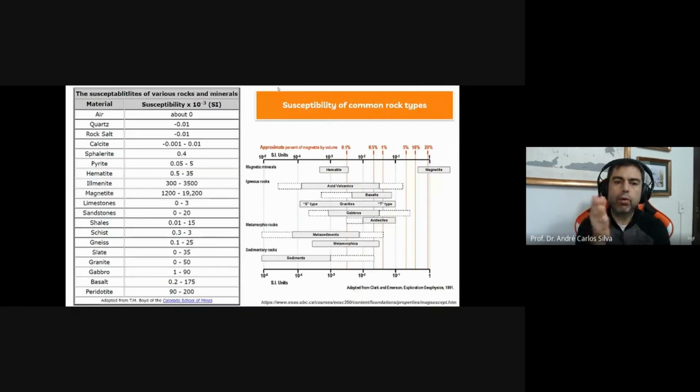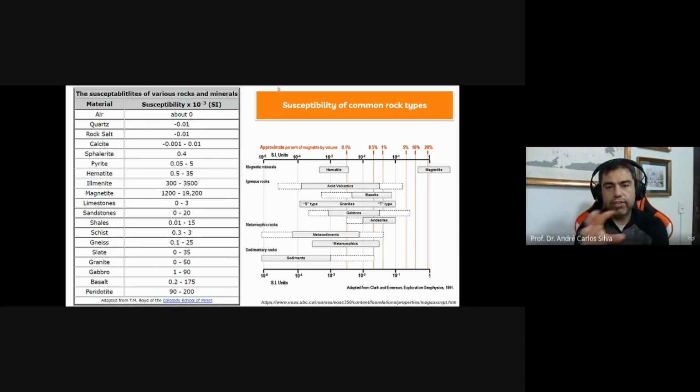So on our left-hand side, we have a table coming from Boyd, and Boyd is a professor at the Colorado School of Mines, and he tried to summarize quartz, rock salt, and things like that. And as you can see, he only went up the whole table to low magnetic susceptibility.